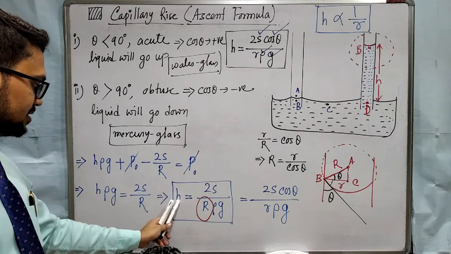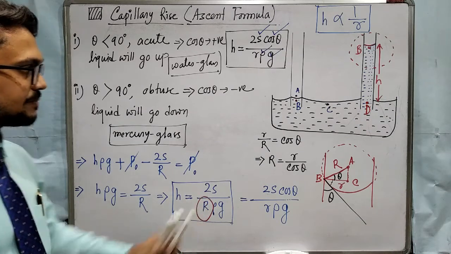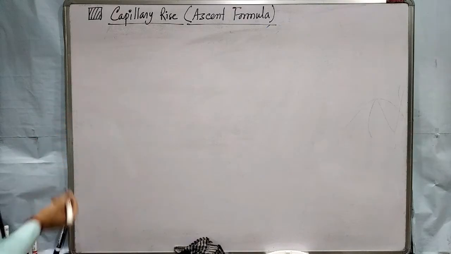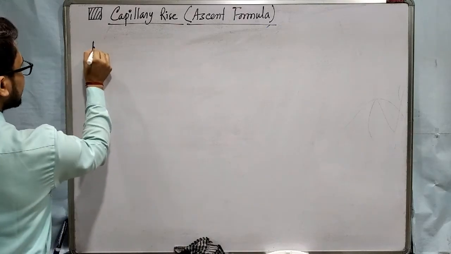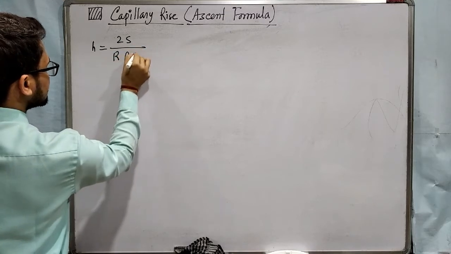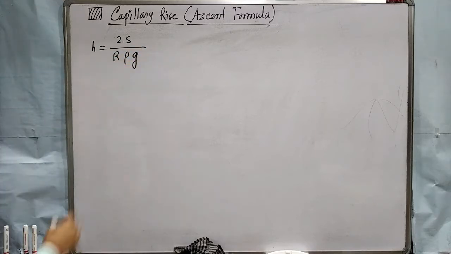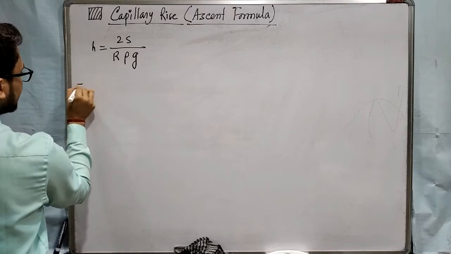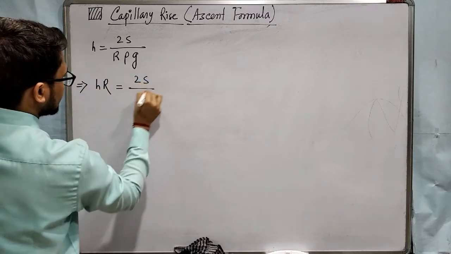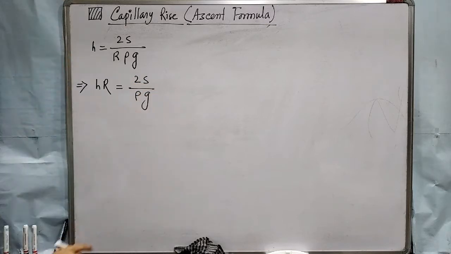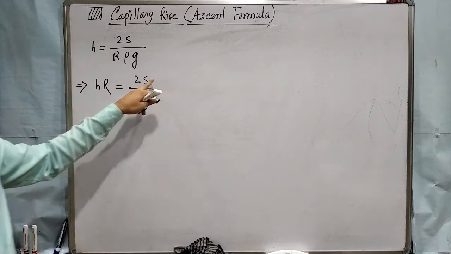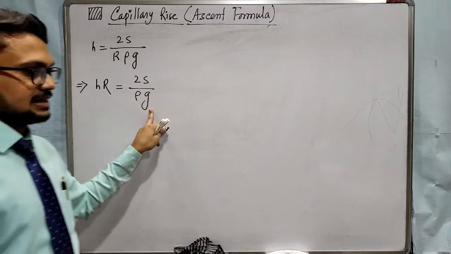Clear. Now come to this point that I want to tell. There is a relation between h and r. I am erasing this point. So the formula was h equal to 2s by r rho g. If I bring this r on the left side, then it will be hr equal to 2s by rho g. Look here, theta is not there. Only s surface tension, density and gravitational acceleration.